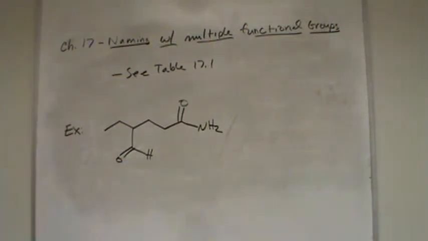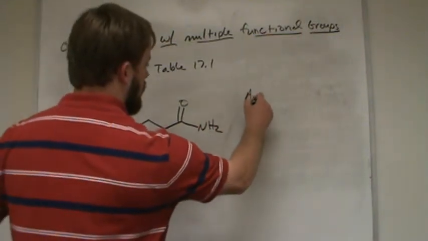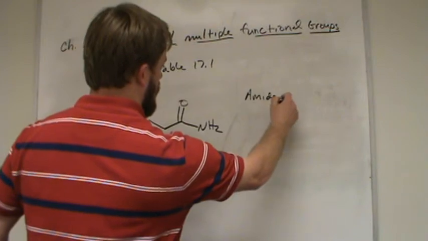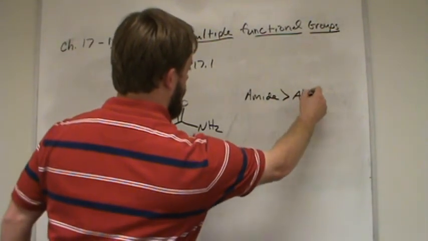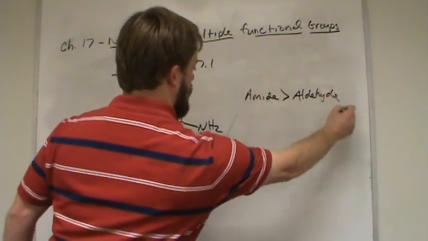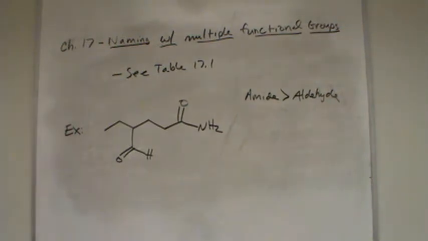We've got to determine which one gets priority. I'll tell you now that it's an amide. So amide is greater than an aldehyde. So our amide will be treated as a suffix, the aldehyde as a prefix.